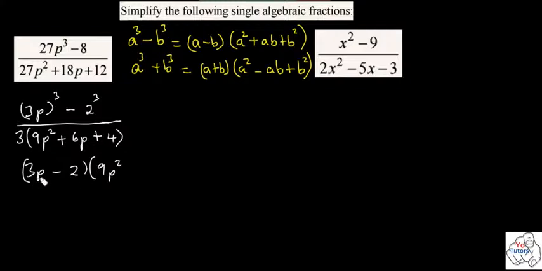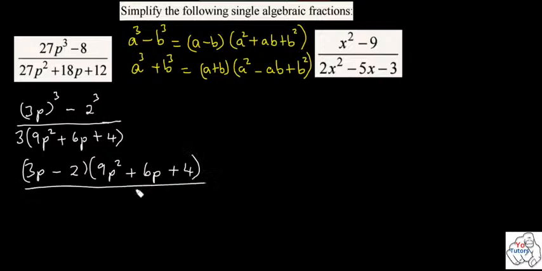Then here we multiply the 2, it's going to be plus 6p, because 3p times 2 is going to give you 6p. Then it's going to be plus 2 times 2, 2 squared, which is 4. Then we close the bracket.